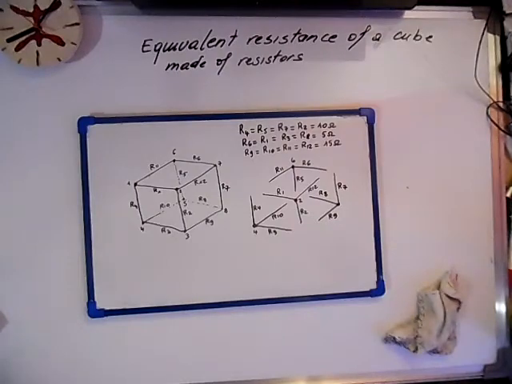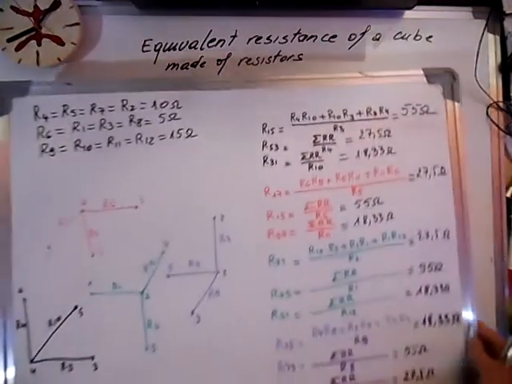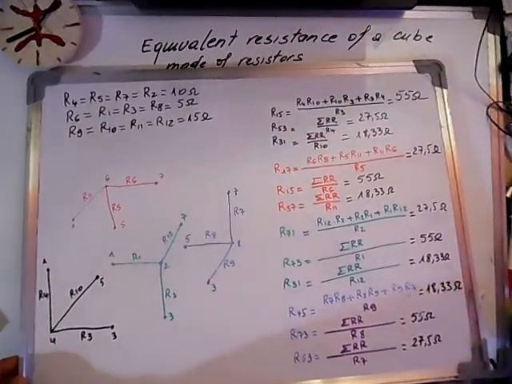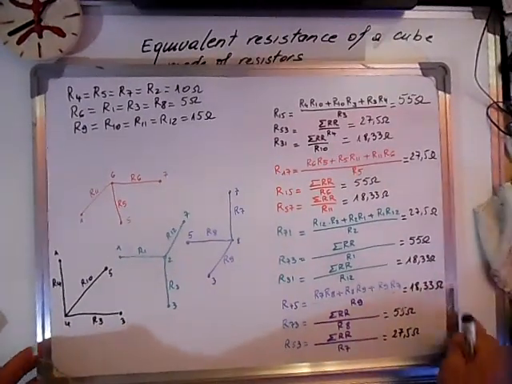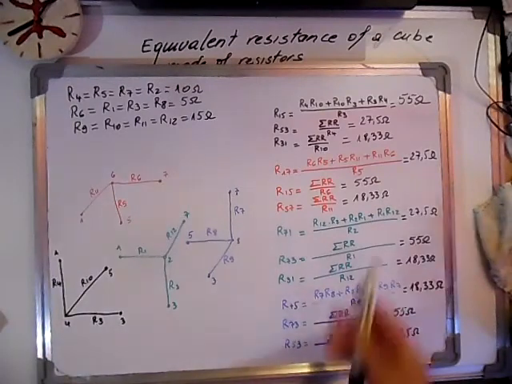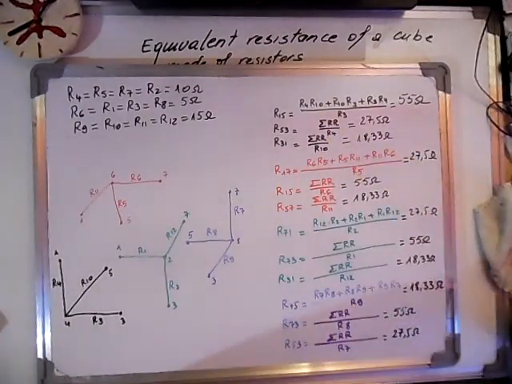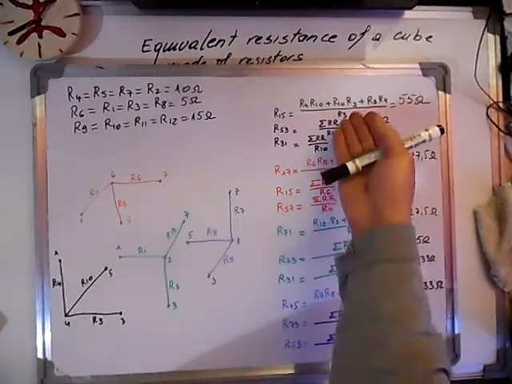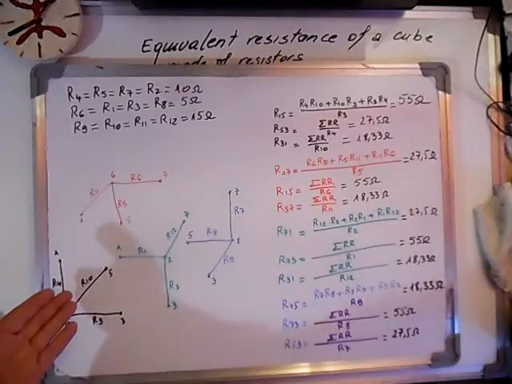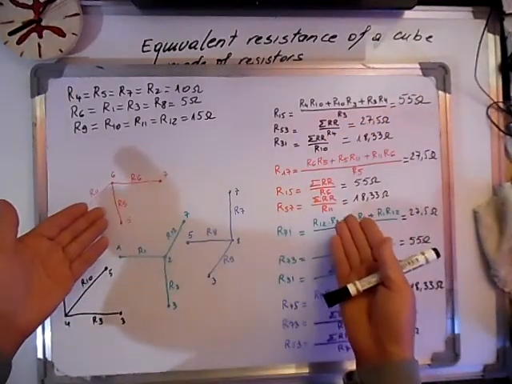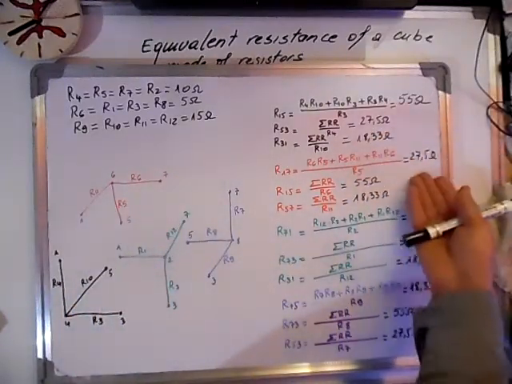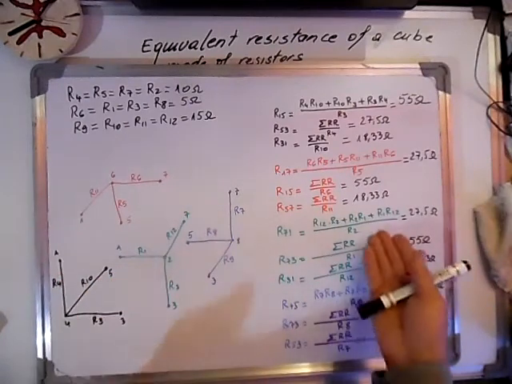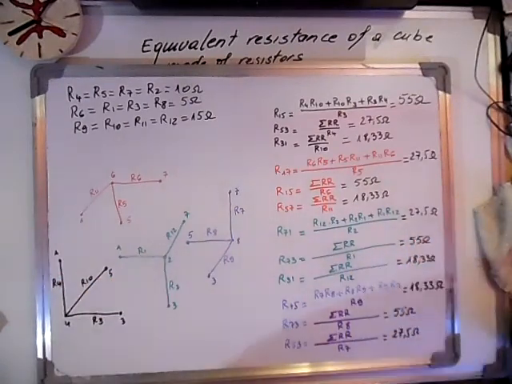So let's take another picture of all of this, what we have to do. I did them in different colors, and I used the star delta transformation equations for the black one, the red one with all the resistors, the green one, and the blue one.